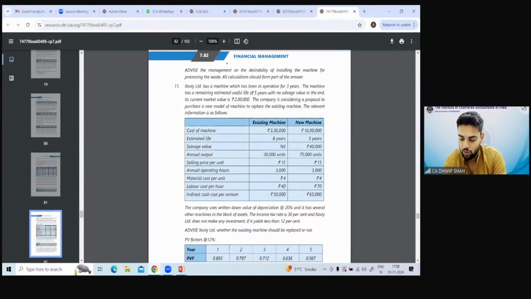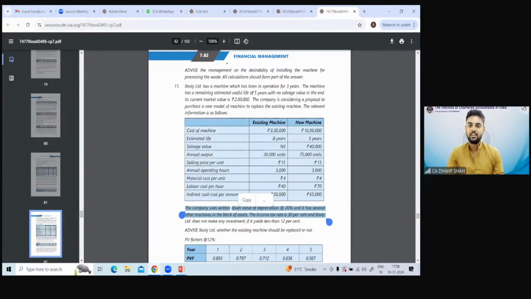The company uses the written down value method of depreciation and it has several other machines in the block of assets. This entire line is very important. This is the unique point of this question. First, till now, we calculated depreciation using SLM. But in this question, for the very first time, we will use the WDV method.